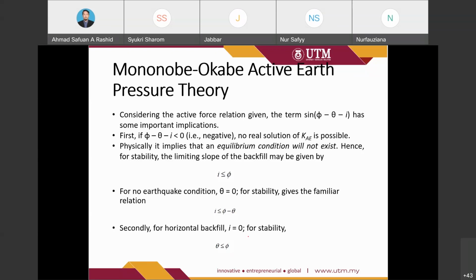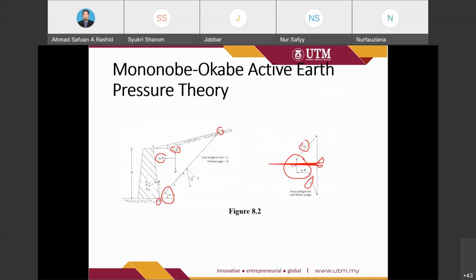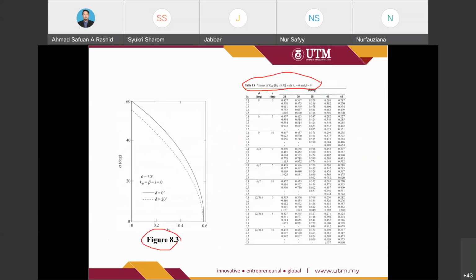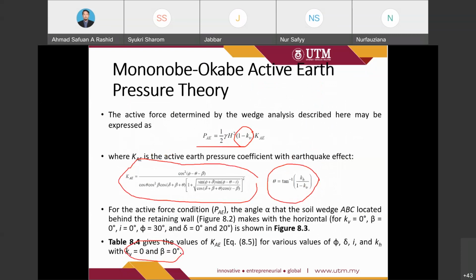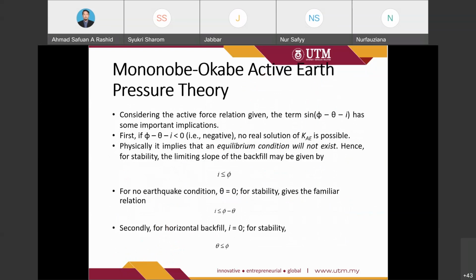So the theta from this equation should not be greater than the value of phi, and also the I should not be greater than the value of phi.